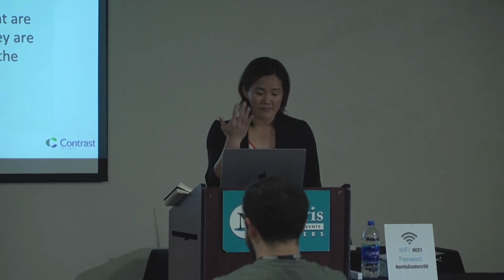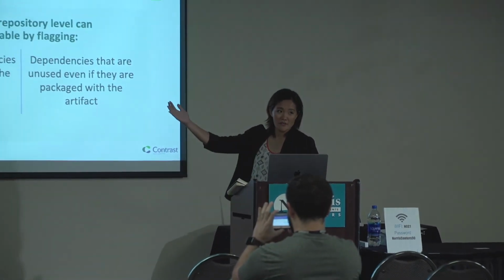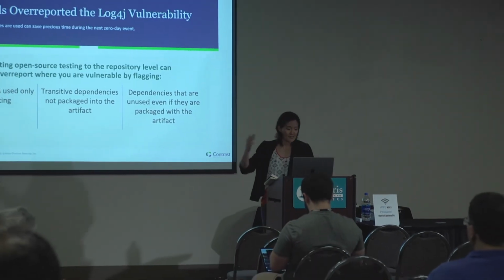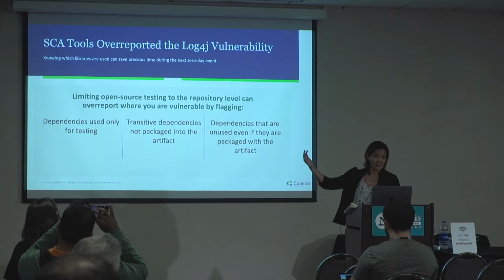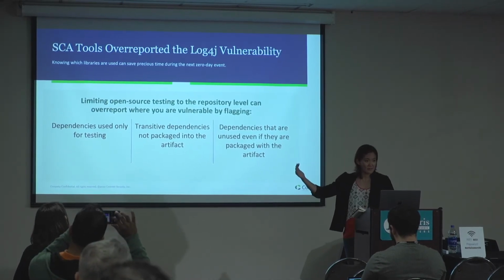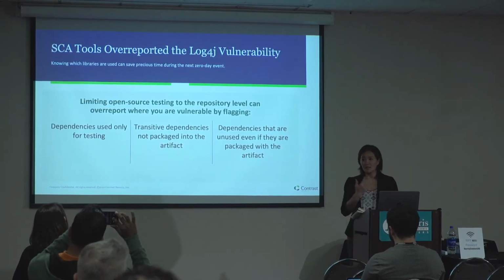All right. So Log4j was completely over-reported by standard SCA tools. What SCA won't tell you, and this is the contextual data I want to hit home for you, is whether your dependencies are only used for testing. They're not going to tell you about transitive dependencies. They're not going to tell you about dependencies that are inactive or unused. This is the stuff that we need to help our developers with.